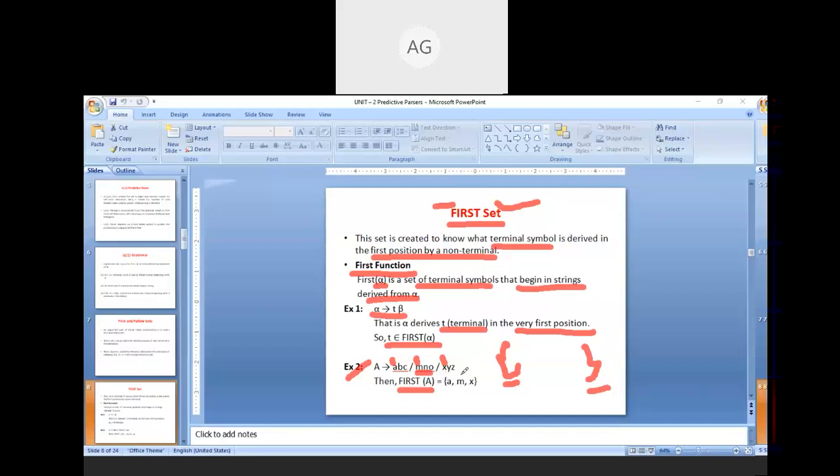This is a very simple example, because in all the three productions the first symbol is a terminal, so it becomes very easy to calculate. In the next slide we will discuss some more difficult questions in which you need to find the first set. So all of you understand it?